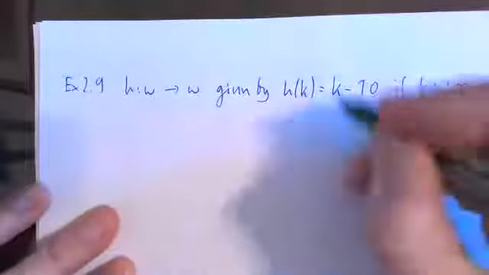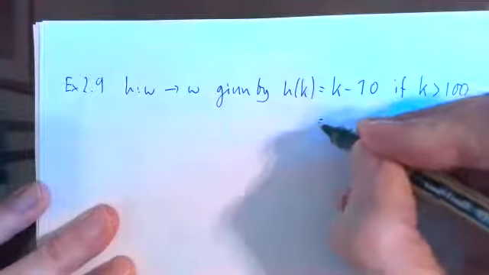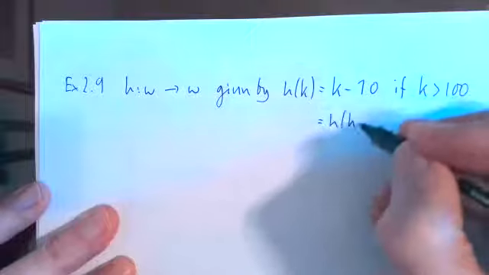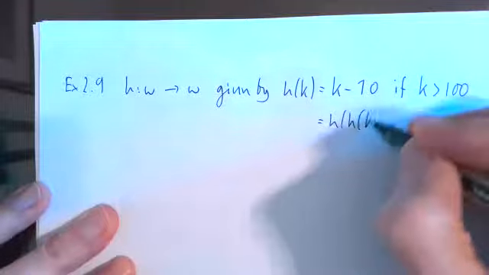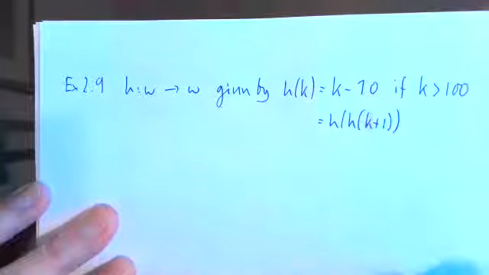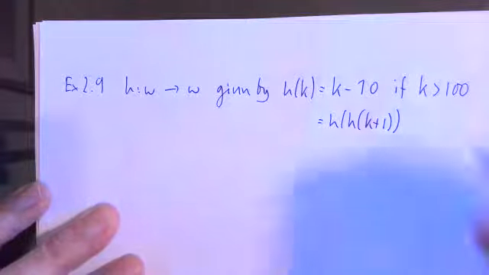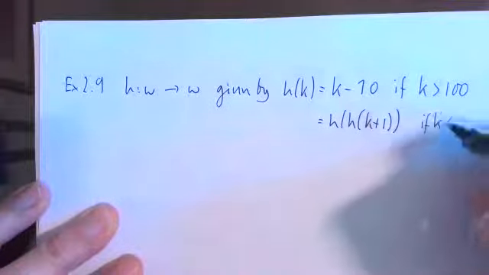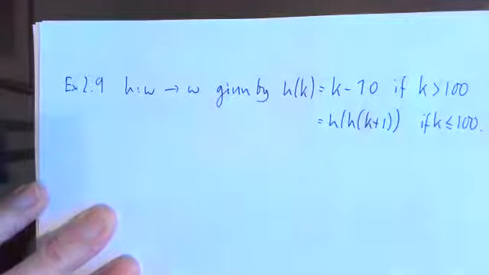And otherwise, h of k is supposed to be h of h of k plus 1 if k is less than or equal to 100.